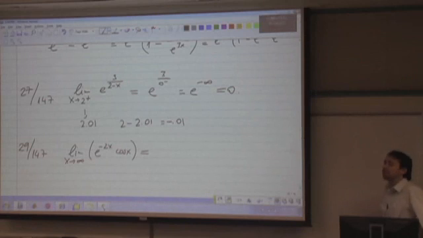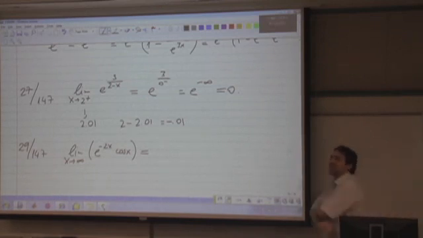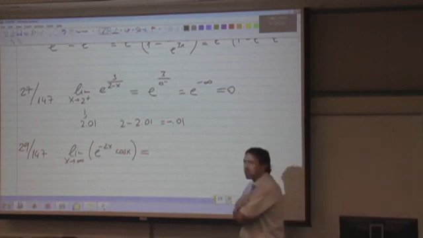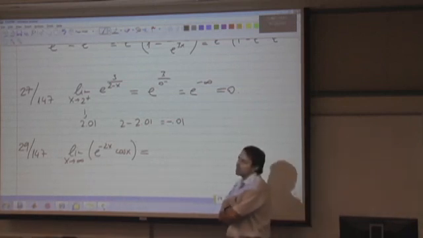So what is this limit? And again, if you guess 0, you're in luck. How do we solve this particular limit? What should immediately jump at you when you look at this problem?